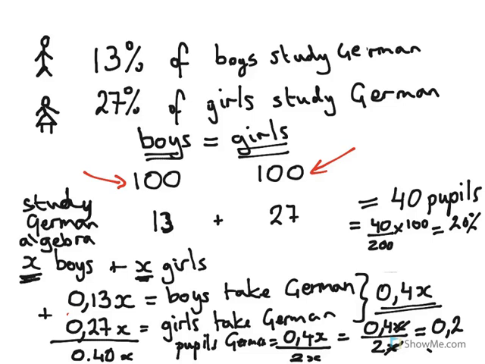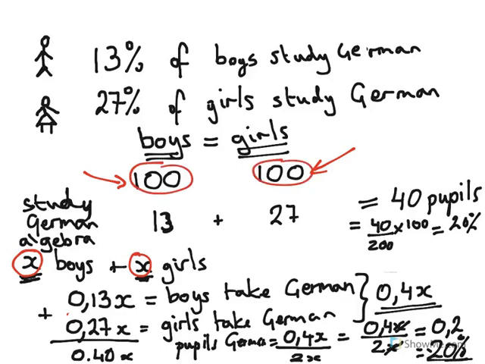If we want to change any decimal number to a percentage, we multiply by 100. If we multiply 0.2 by 100, we get that it's 20%. So we get the same answer whether we use algebra, x boys and x girls, or whether we use 100 boys and 100 girls.